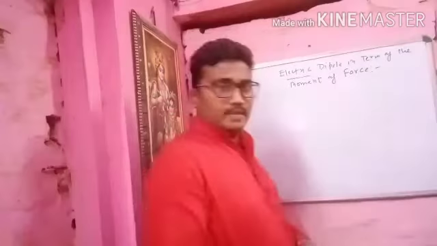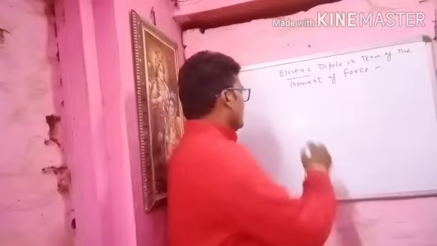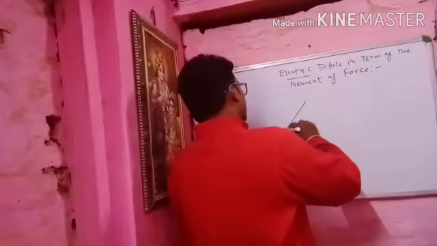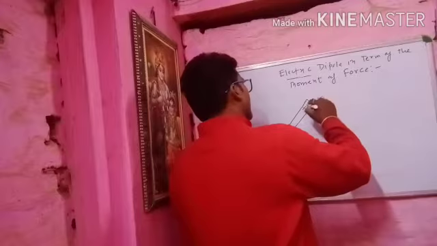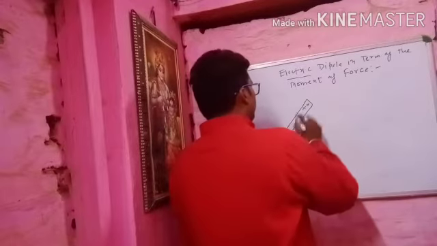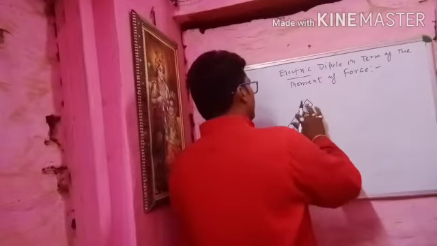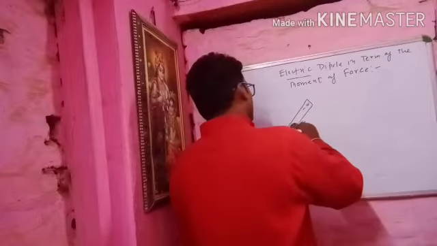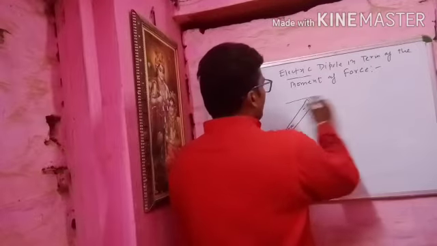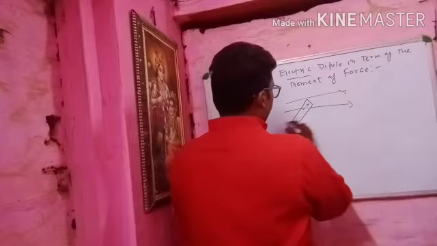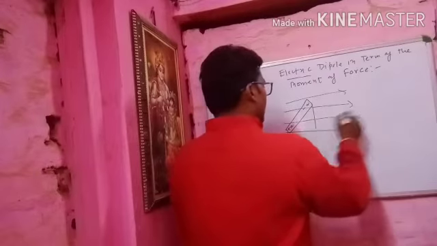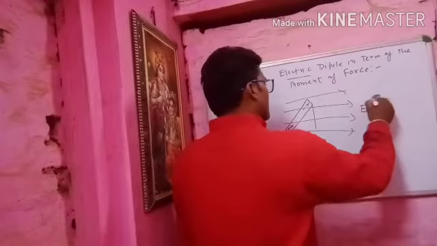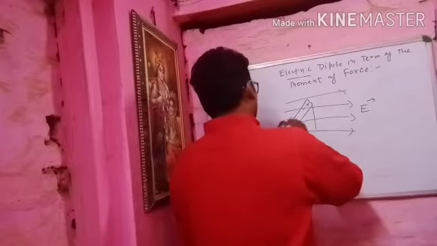Let us consider an electric dipole placed in an electric field E. Then it will move in the clockwise and anti-clockwise direction.